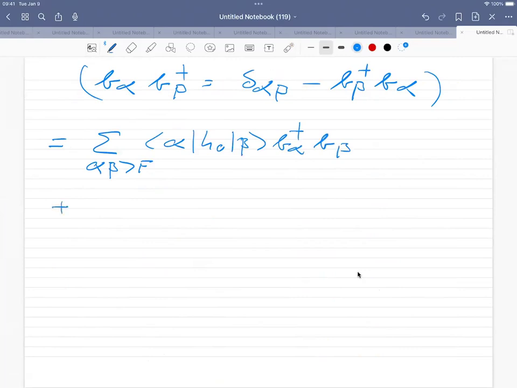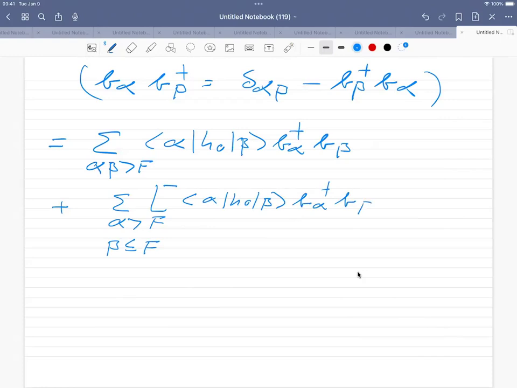And then by simply interchanging the two indices, I'm going to rewrite them in terms of just one sum, but that will contain two terms. So there's going to be a term alpha of H0 of beta, and then I have a B alpha, B beta dagger, plus a term beta of H0 alpha, and then I have a B beta, B alpha.